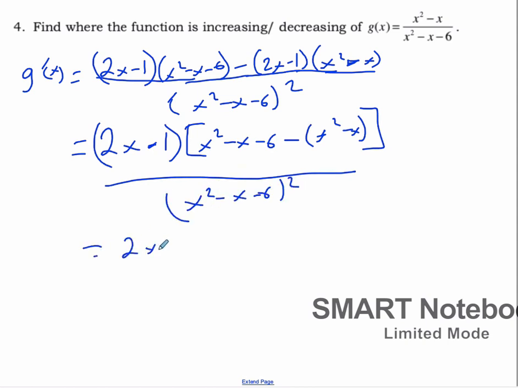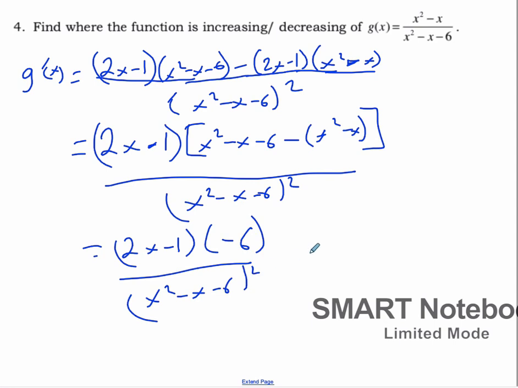Okay, so the numerator, we've got 2x minus 1 times now x squared minus x squared, that just cancels, and then we've got negative x minus negative x, so that cancels, so we just have negative 6 actually. Okay, so then on the denominator we have this still. So this equals negative 12x plus 6 over x squared minus x minus 6, all squared.